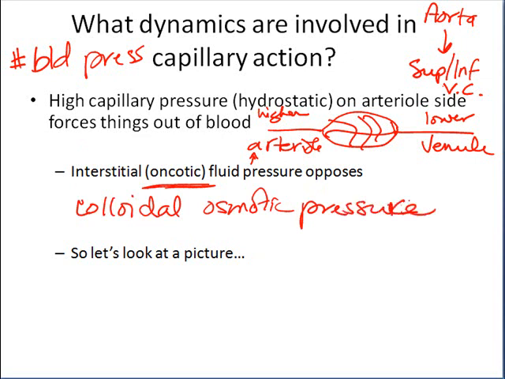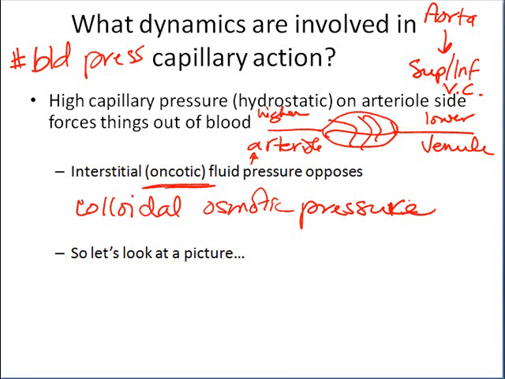Now, if you talk to a research physiologist, they would probably go to excruciating lengths to distinguish very carefully between osmotic and oncotic. There are very slight nuances of differences between those two terms, but for the purposes of our class, we're going to think of them all as the same. Colloidal osmotic, oncotic pressure, just think of them as the same for purposes of our discussion.